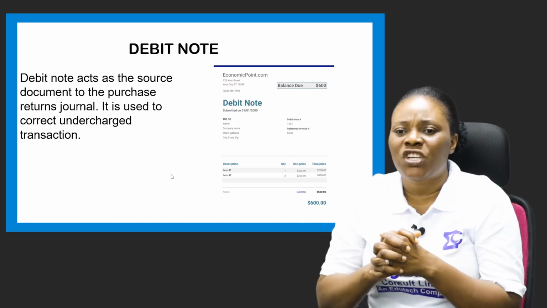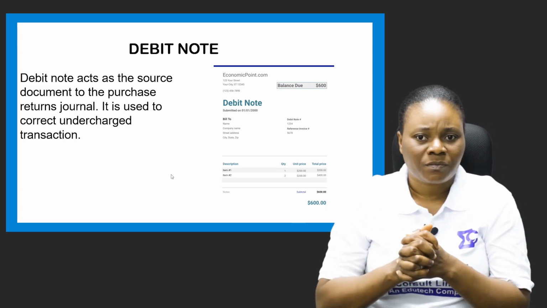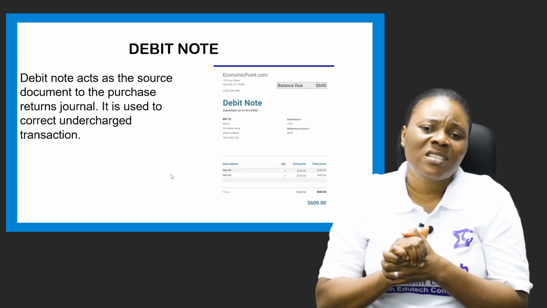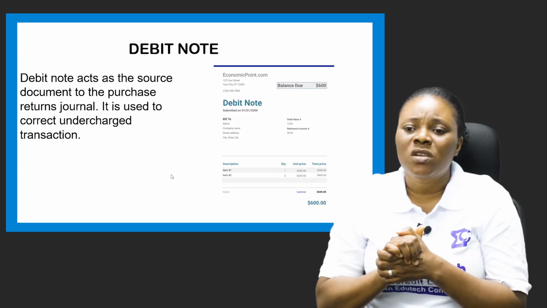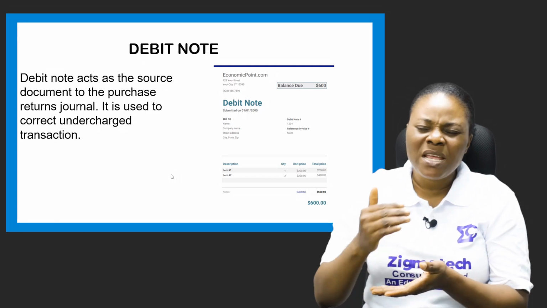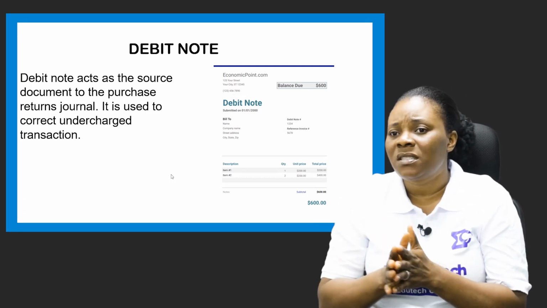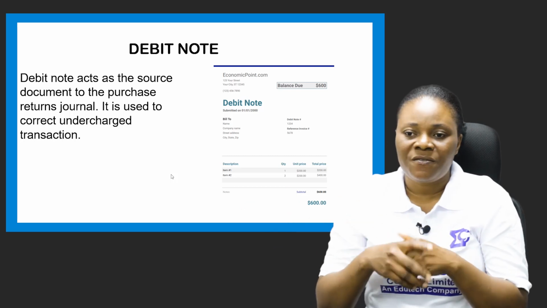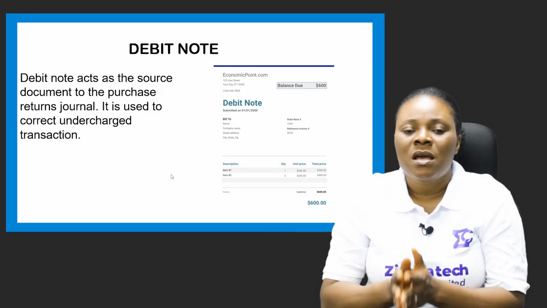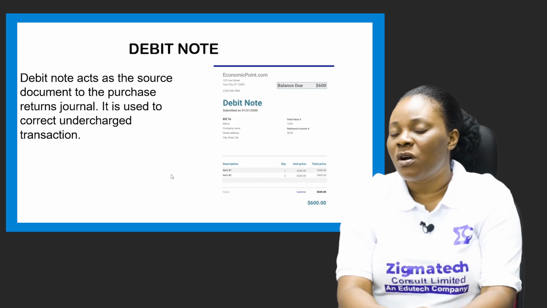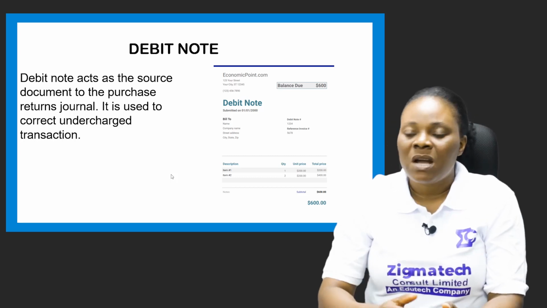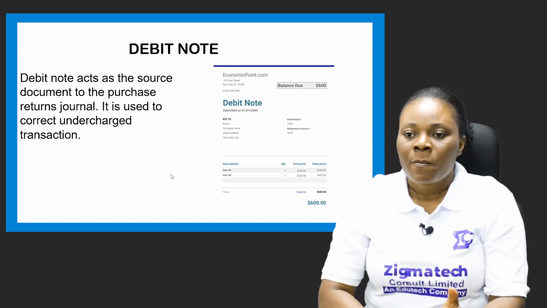What do I mean by undercharged transaction? Undercharged transactions are transactions whereby you are given below the expected price. Remember, I said this document works together with the invoice. Let's assume that while the seller was preparing your invoice, a mistake was made.